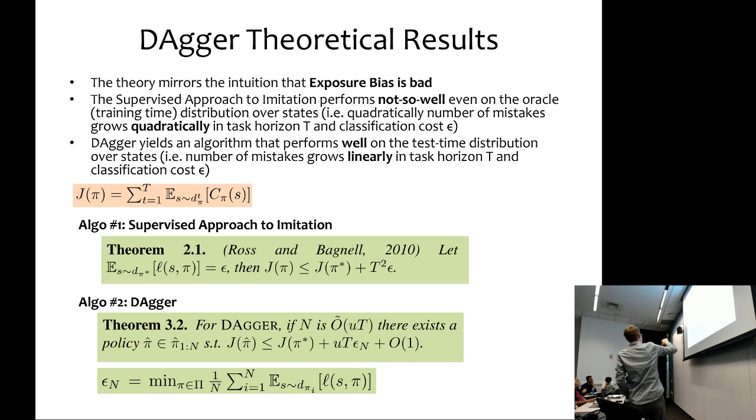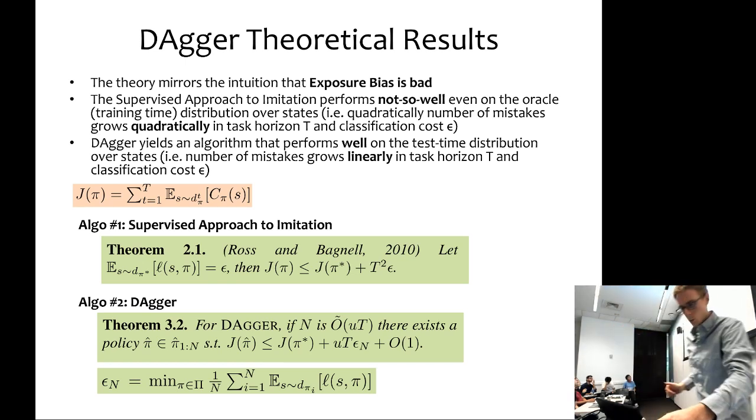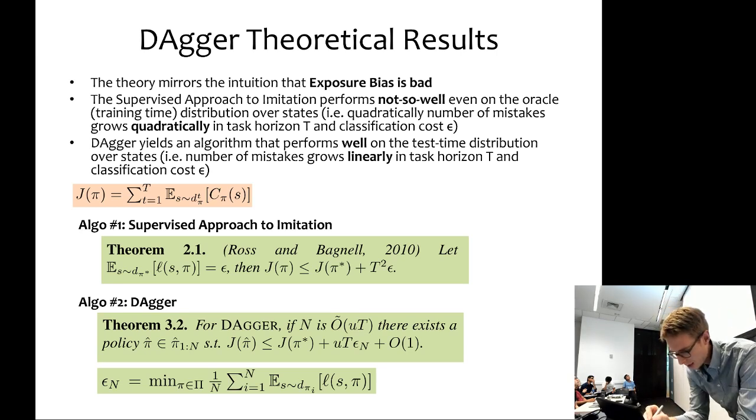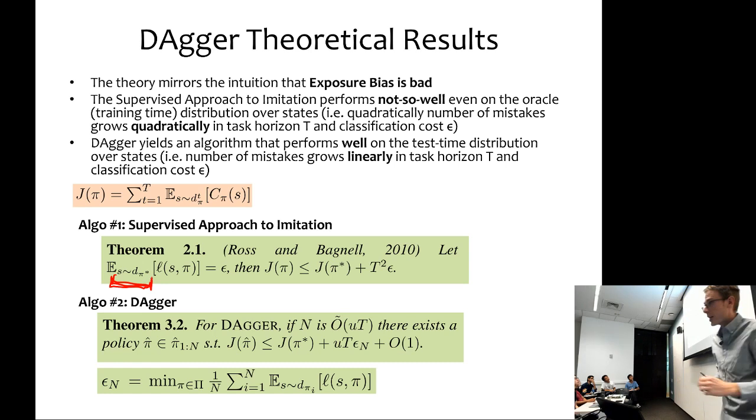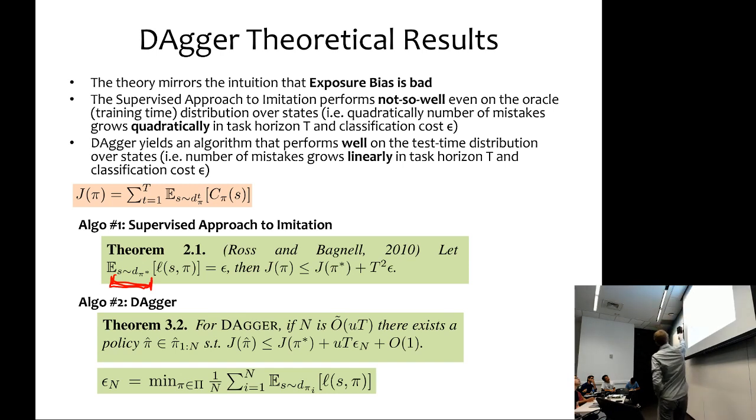In this theorem 2.1, we're looking at an expectation over states according to some distribution d pi star, which is the distribution over states if you were to follow the oracle policy.